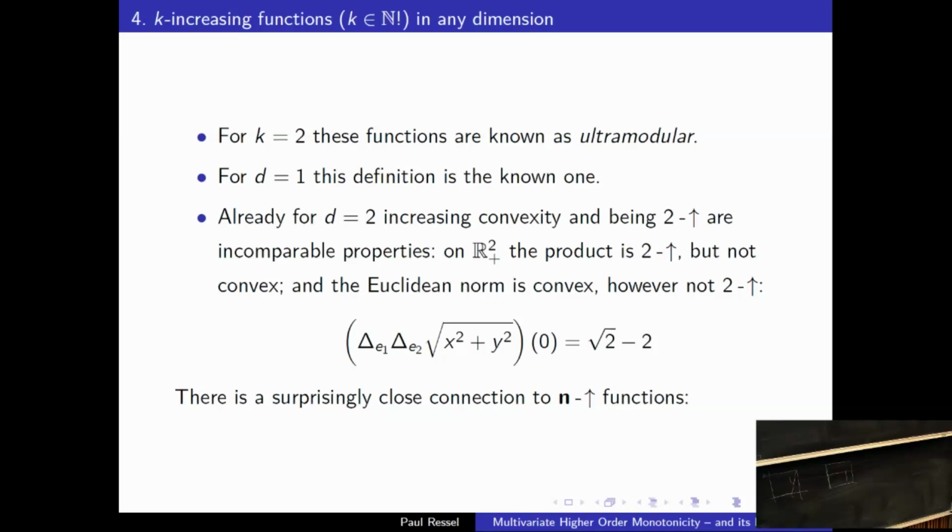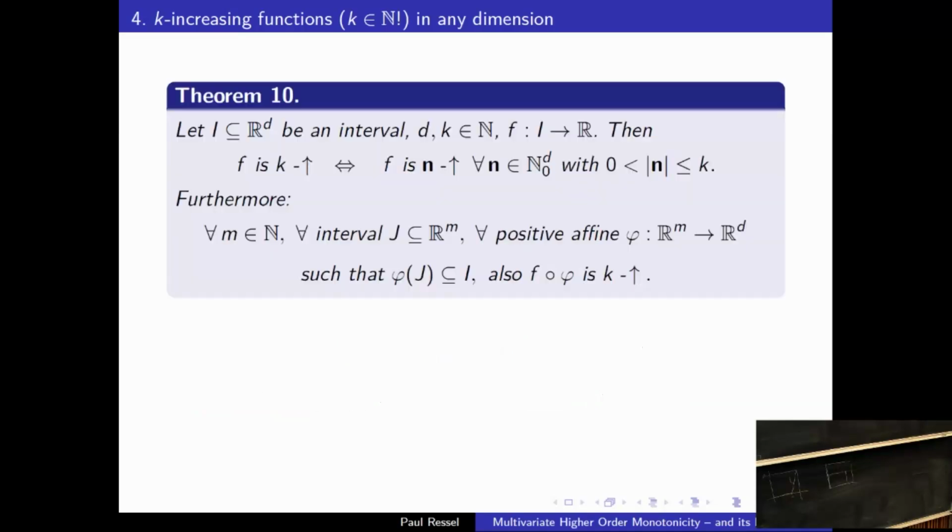So negative. But there is a surprisingly close connection now to n increasing functions where n is a vector. That's this theorem. We have an interval, and d and k are natural numbers.